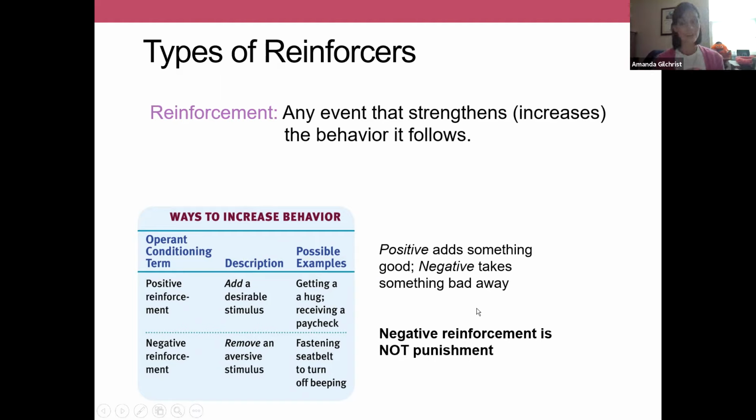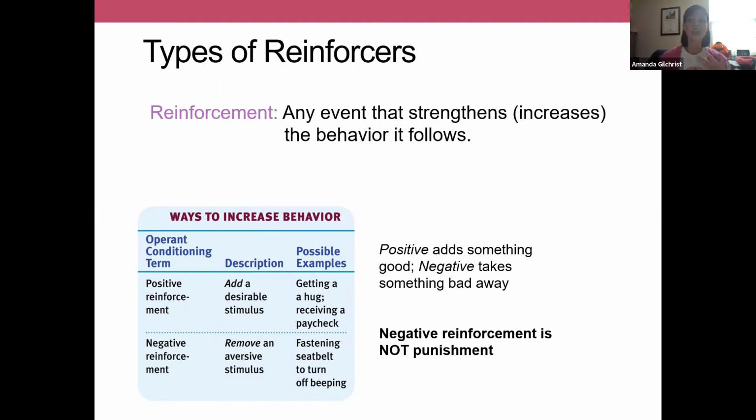Likewise, negative reinforcement, for example, might be if you go in your car and you start driving and you don't buckle your seatbelt, at some point your car is going to repeatedly beep at you because you don't have your seatbelt in. So what you're going to do to basically make that noise stop is buckle your seatbelt. That ends the aversive stimulus.